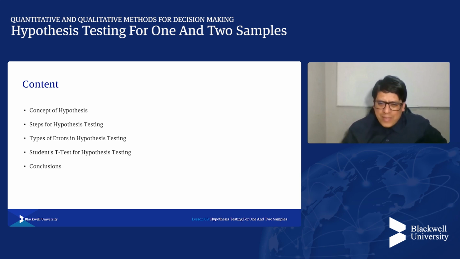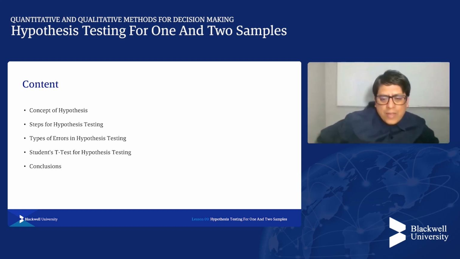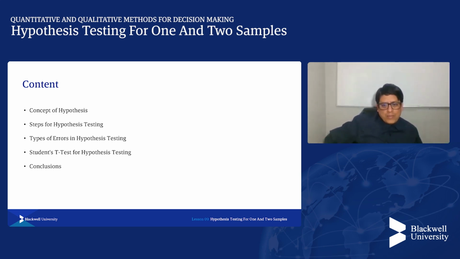Next, we will look at the content. Content we will cover includes the following points. First, we will talk about the concept of a hypothesis. What do we mean by hypothesis? What is its definition? Next, we will talk about the steps that we will establish for hypothesis testing. After that, we will talk about the types of errors that one may encounter when conducting the analysis.